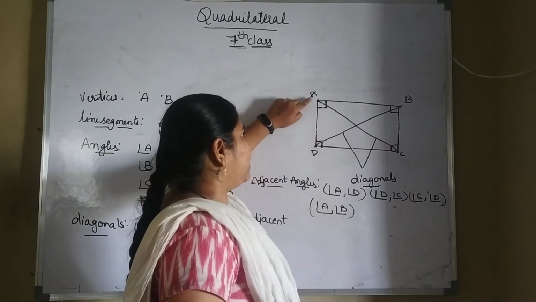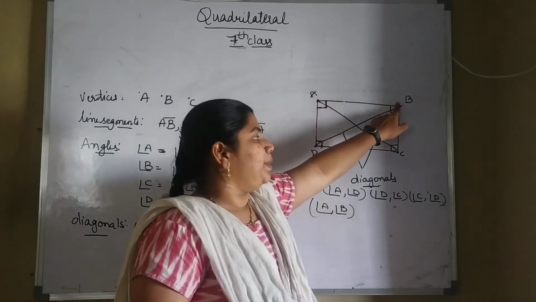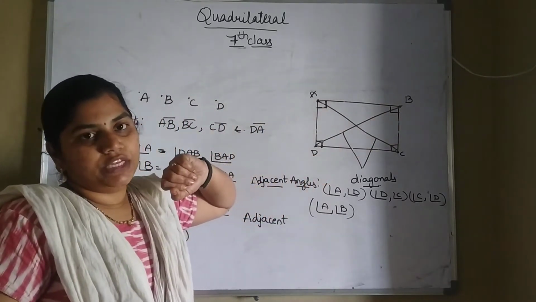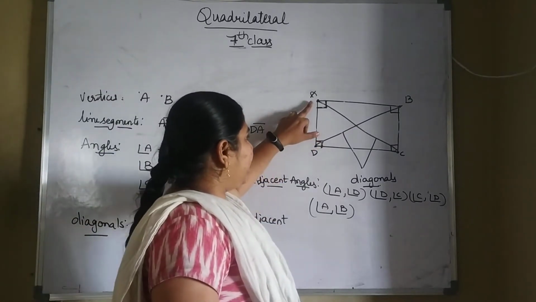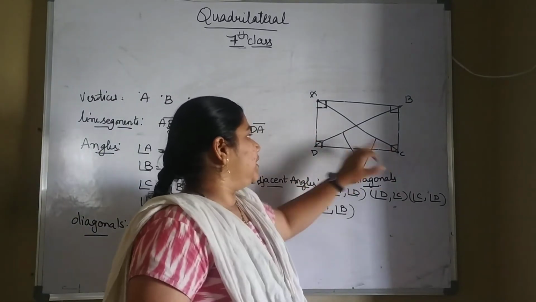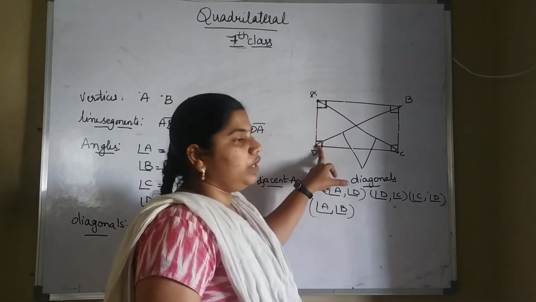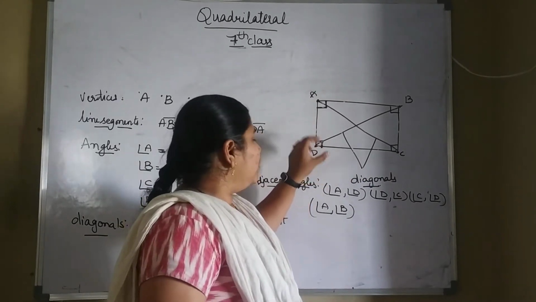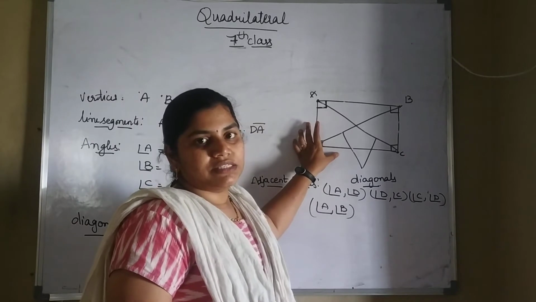So we can say that AD and AB are adjacent sides to each other. In the same way, you can take AB and DC. These two sides have only one common angle, so we can say these two are adjacent sides.